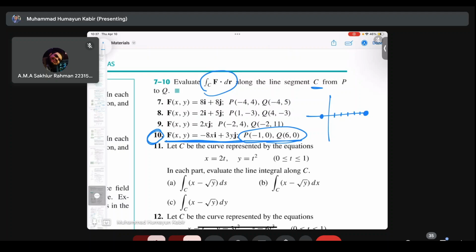Here. Understood? So now, let me use a different color. This is your P, this is your Q. Now if you have a vector from P to Q, can you tell me what the position vector is? Suppose P is the initial point and Q is the terminal point. So what is the vector PQ?